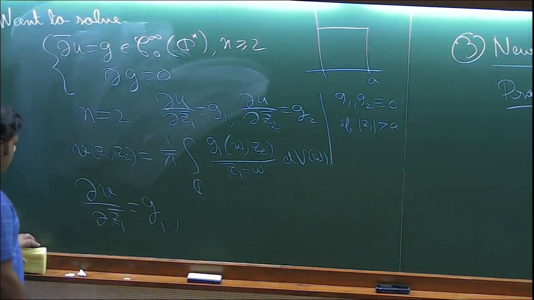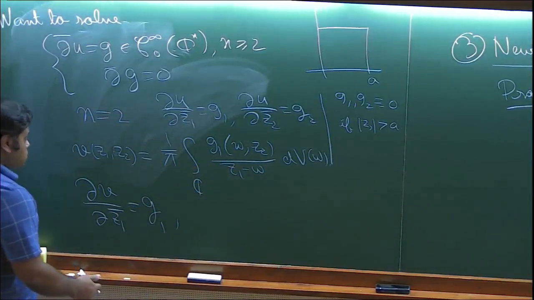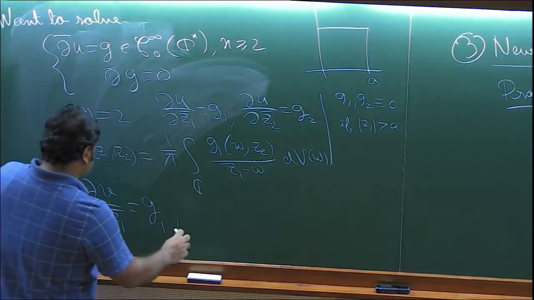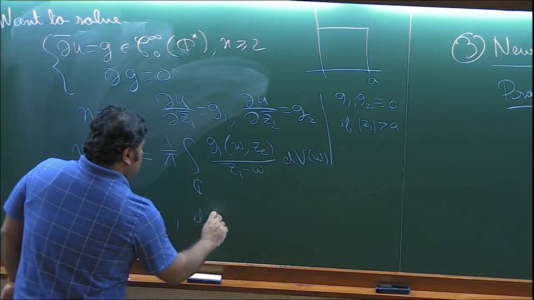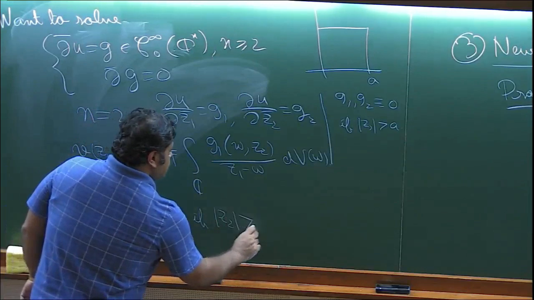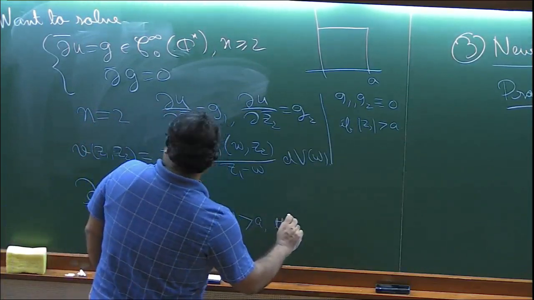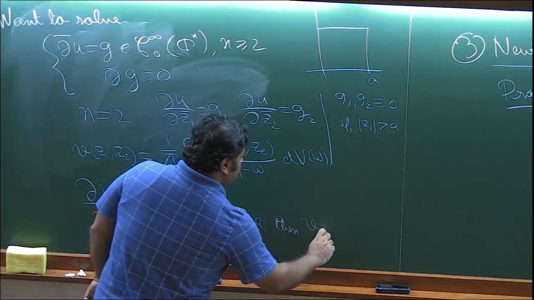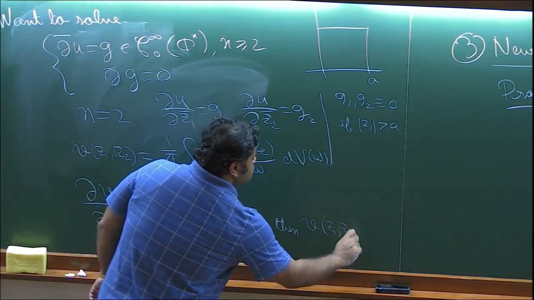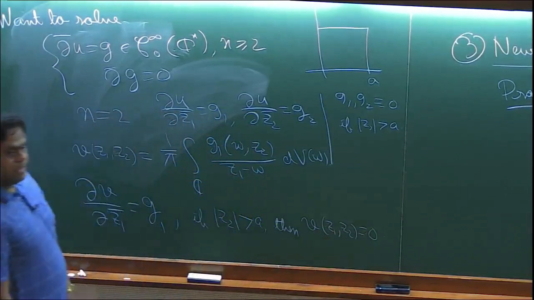Now what we want to say is that if mod z2 is bigger than a, then this v of z1, z2 is 0. That's obvious.